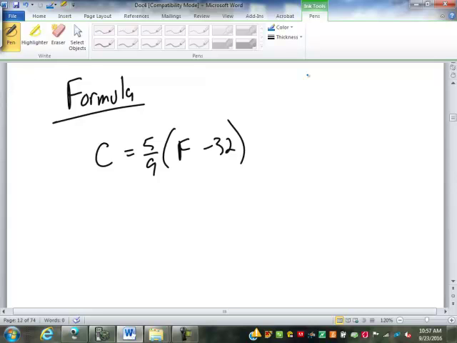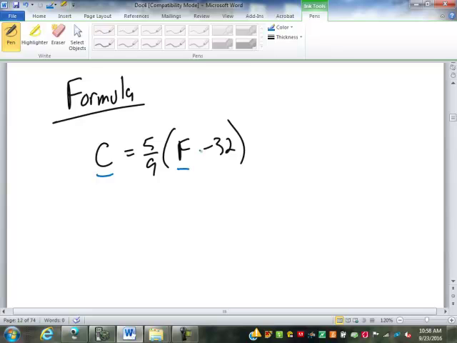So what's happening here is these variables, the C and the F, don't have values right now. They're waiting to be given a value. And once, in any formula, all of the variables except for one have been given a value, then we can find that last one by using the solving equations methods we looked at last week.